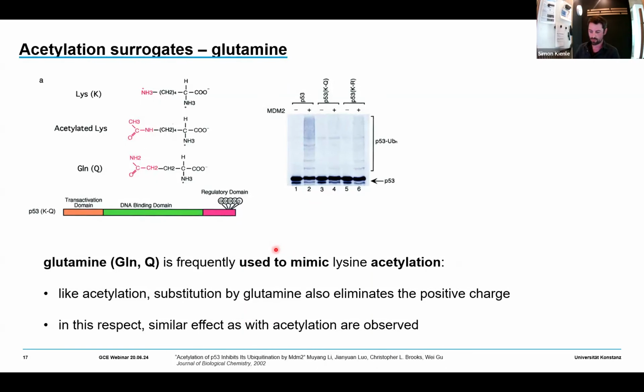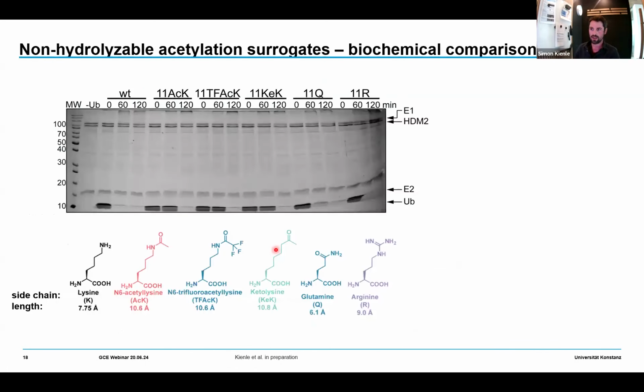So we thought about comparing all these amino acids side by side. And thus we incorporated trifluoroacetyllysine, ketolysine, and acetyllysine into ubiquitin at position 11, and also used lysine to glutamine or arginine substitution to compare their ability to mimic acetylation.